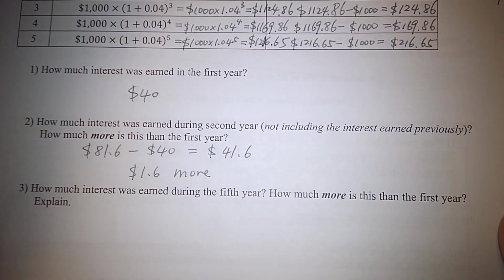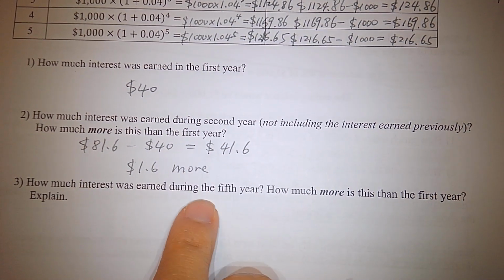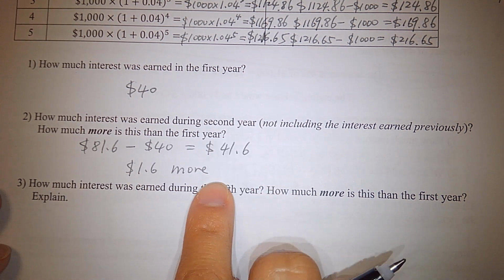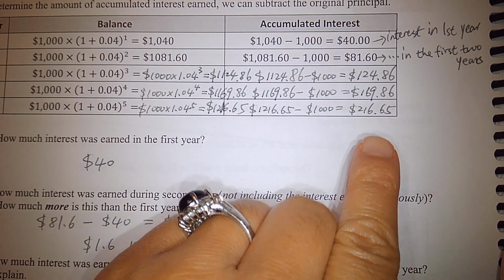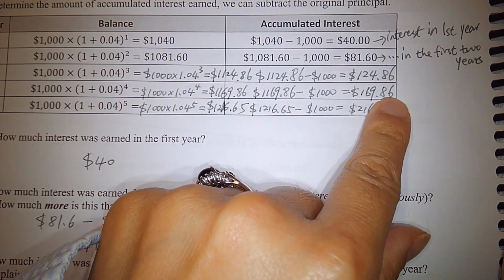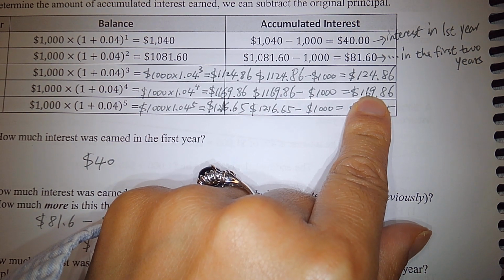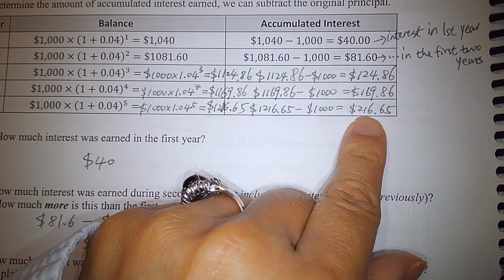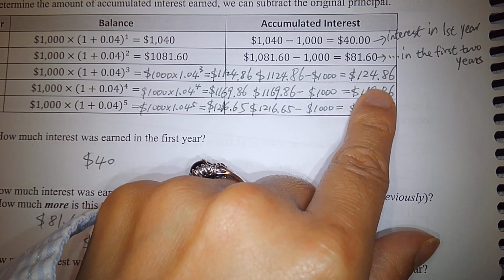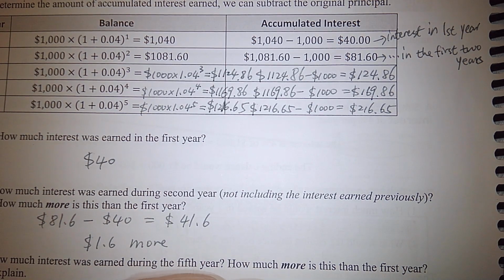What are we looking for? During the 5th year, how do we get this amount? We have the first 5 years and the first 4 years. So how to find the fifth one? The difference between these two numbers gives us the 5th year interest amount.